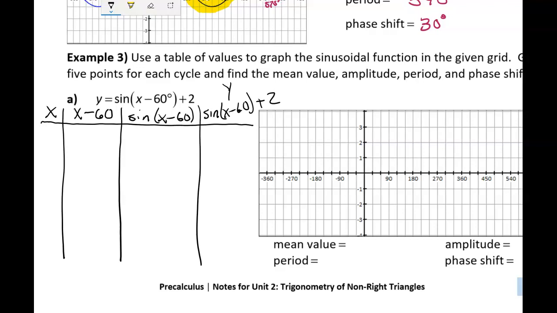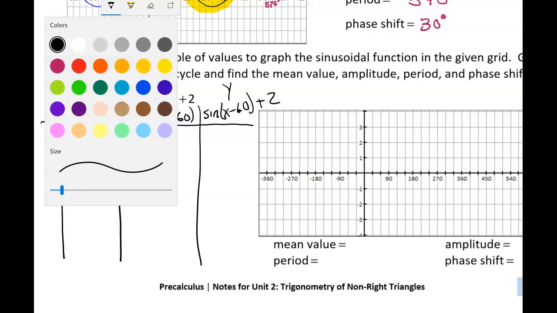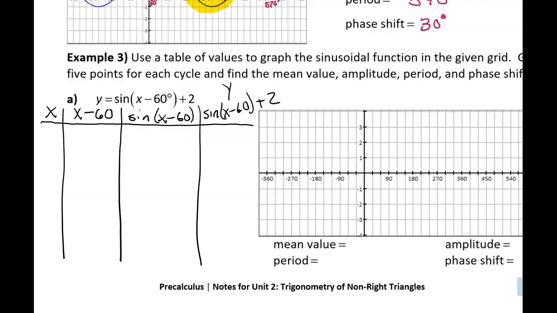So the part of the table that we're really interested in plugging in really easy values for us to work with is going to be that part where we're taking the sine of each value. So if I put 0 degrees, for instance, in the x minus 60 column, then I'm going to take the sine of 0 degrees in the sine of x minus 60 column, and that's going to give us 0.